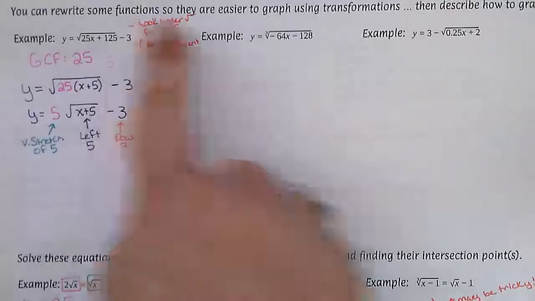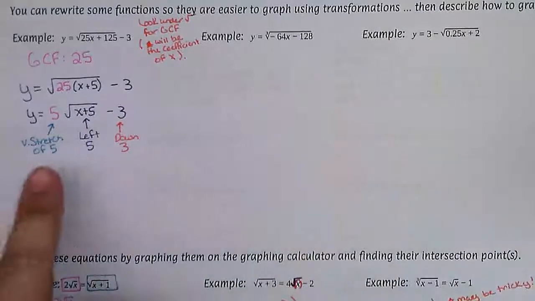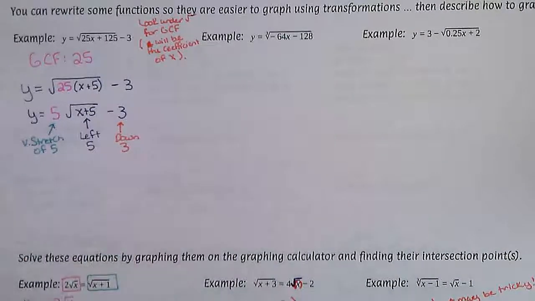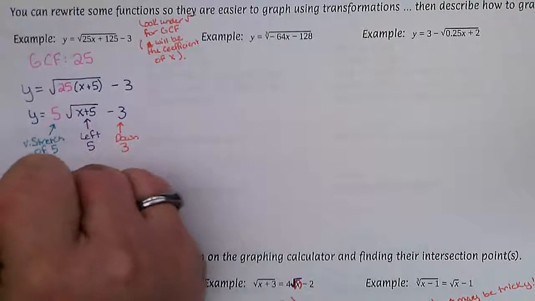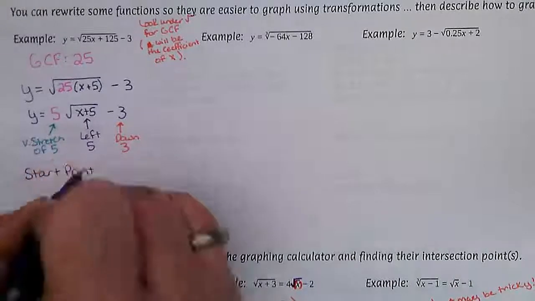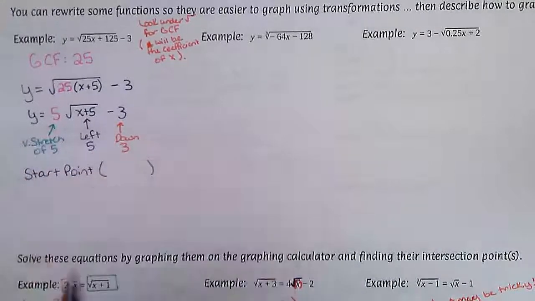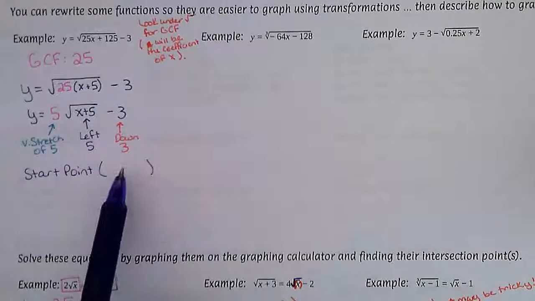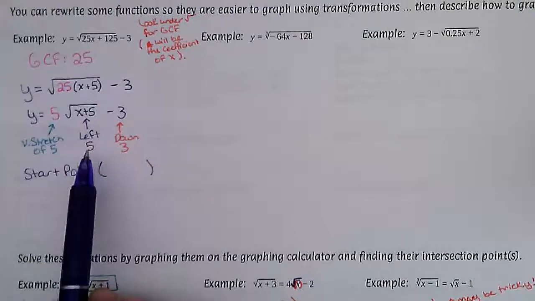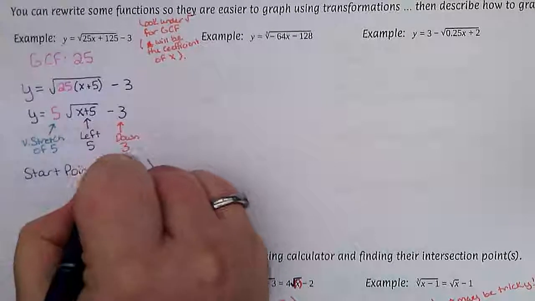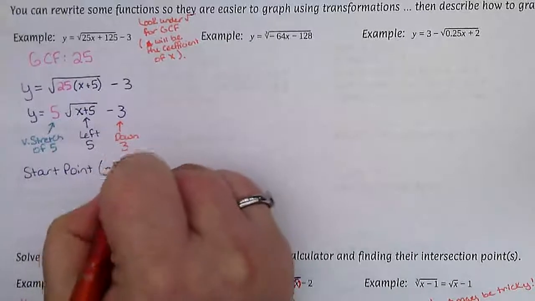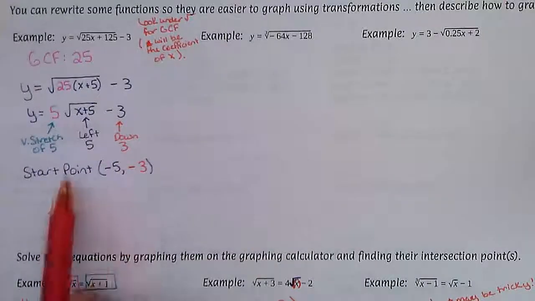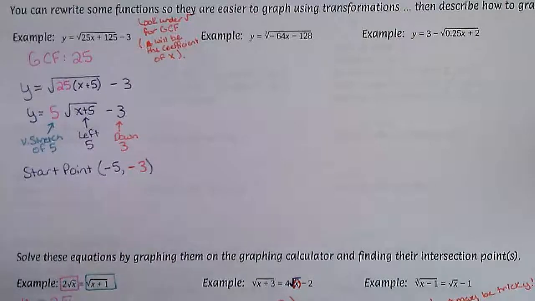So it says describe how to graph. Here are my transformations. Now I'm going to describe how to graph. The first thing I need to graph is my start point. The start point is changed from 0, 0 by any shifts. It was 0, 0, but I made it go left 5, so now it will go negative 5 and down 3. So negative 3. If I were going to graph this, I'd go left 5 and down 3.